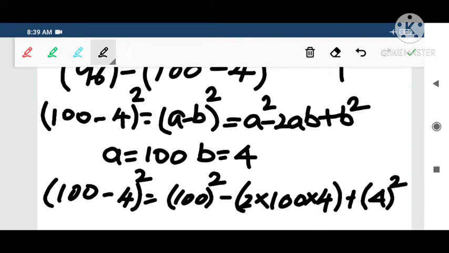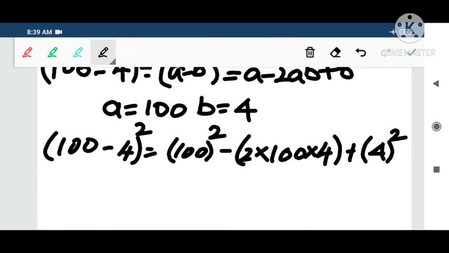So now you can see it in the a square minus 2ab plus b square format. Now we need to square the value of 100.